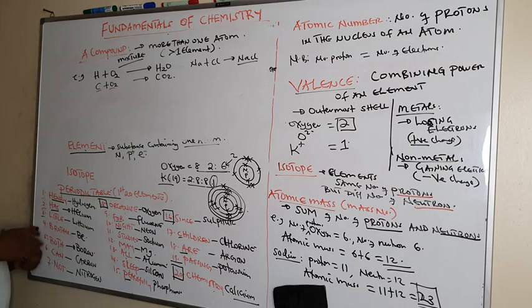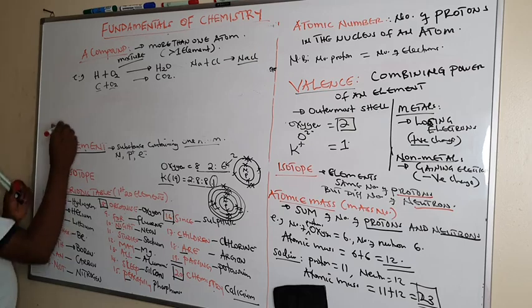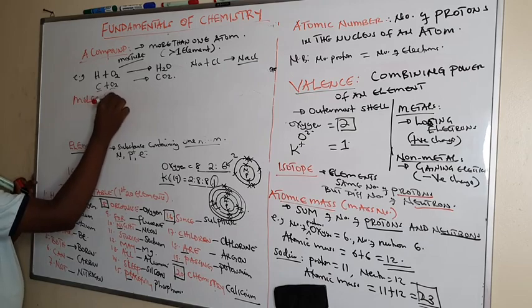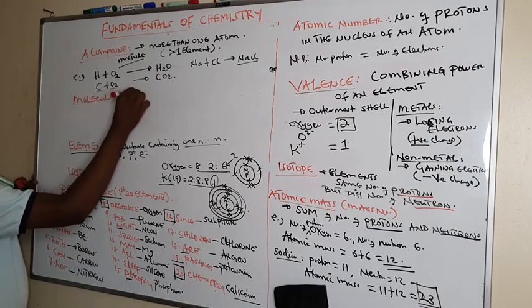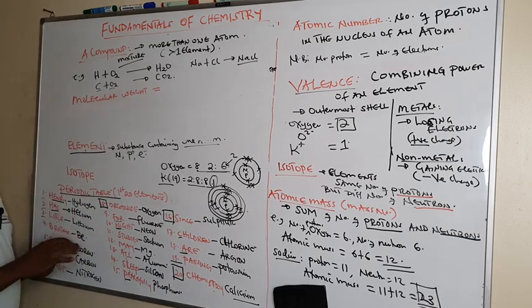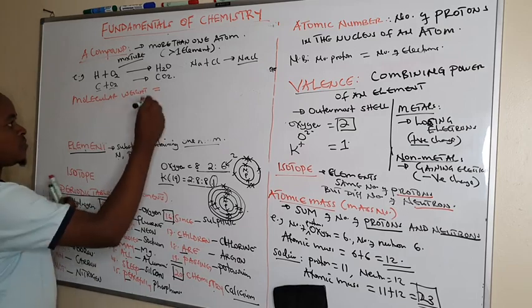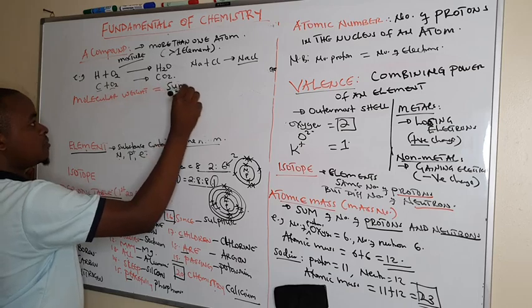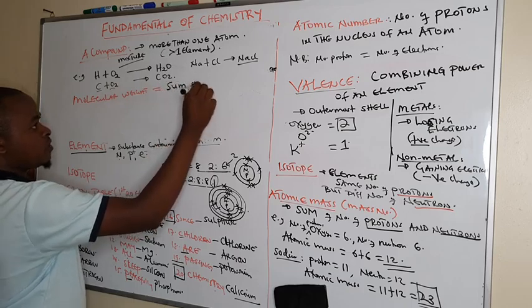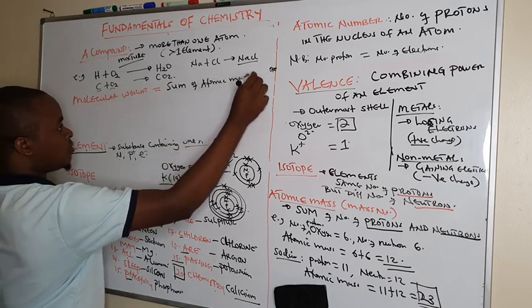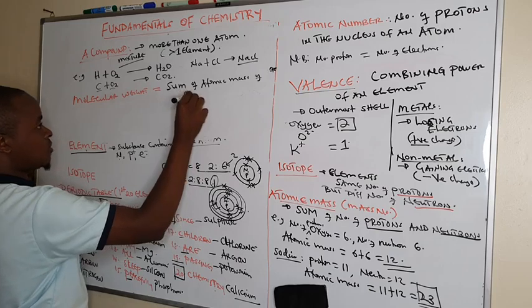So after knowing a compound, I can easily calculate its molecular weight. Molecular weight, by calculation, is the sum of the atomic mass of elements in that compound.